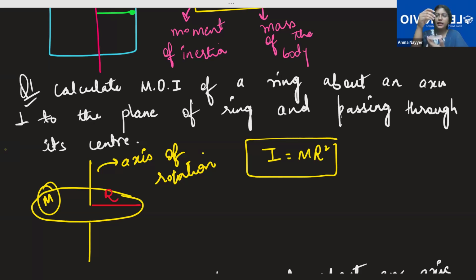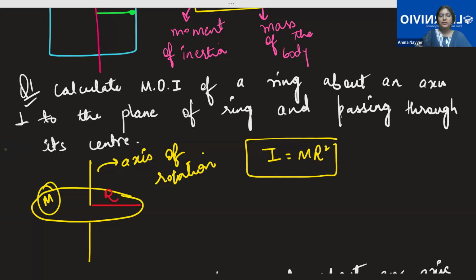If I have this as my axis of rotation, it will be rotating like this. But if I have the axis in the middle, the object will be rotating like this. So do you get how significant the axis is? You should know where the axis is located, and from the axis to the periphery, that will give you the radius.